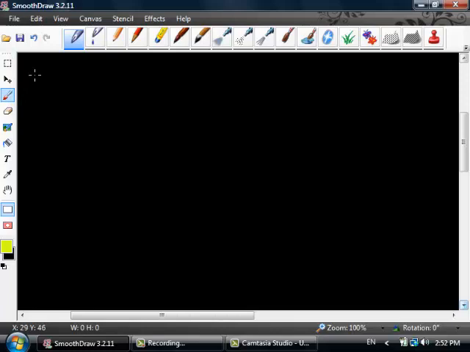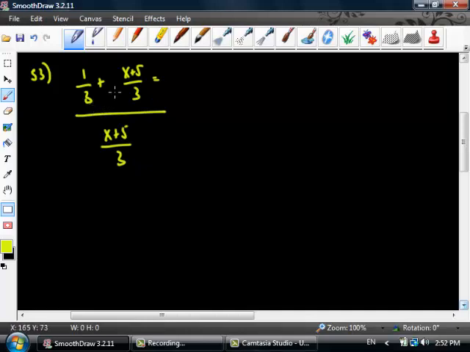All right, number 53 is a complex fraction. It is 1/3 plus x plus 5 over 3, oh, that's pretty cool, over x plus 5 over 3. Okay, so now let's just simplify the top. Ordinarily, I would have to find a common denominator, except this time the denominators are already common.